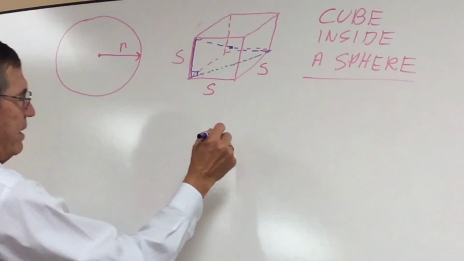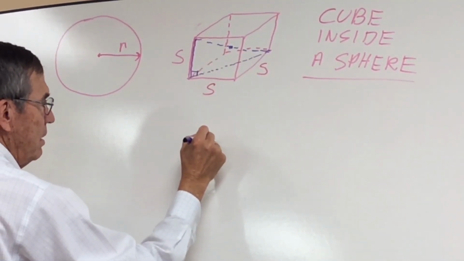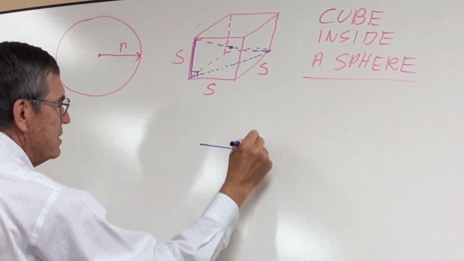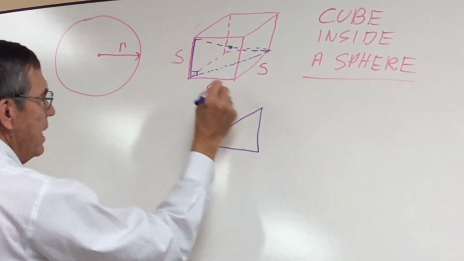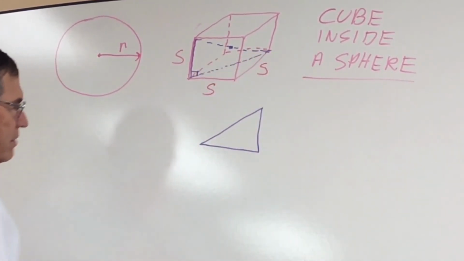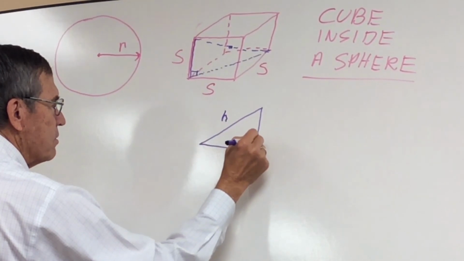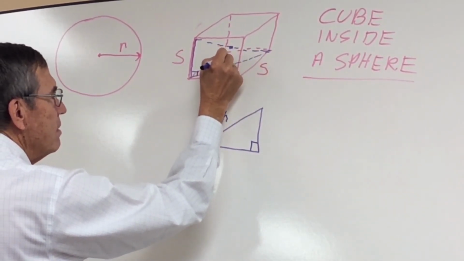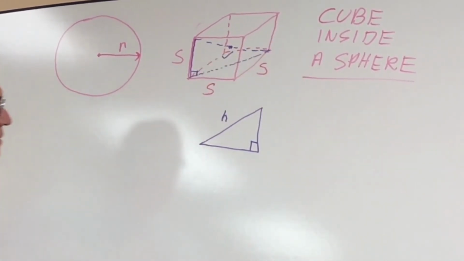If we look at that triangle, we have a side, and then we have the diagonal, and that's this dotted line here, okay? So I'll just give it H for hypotenuse. This is going to be a right angle, which is this right angle here, inside there. So it's a right triangle here, here, here, okay?